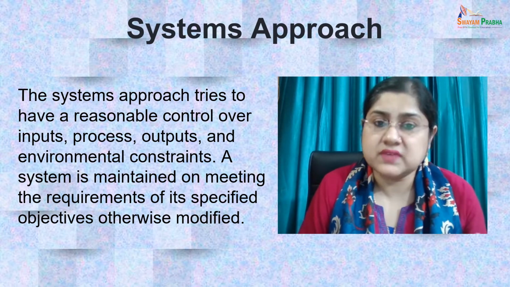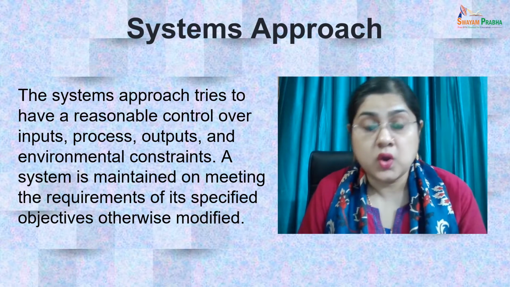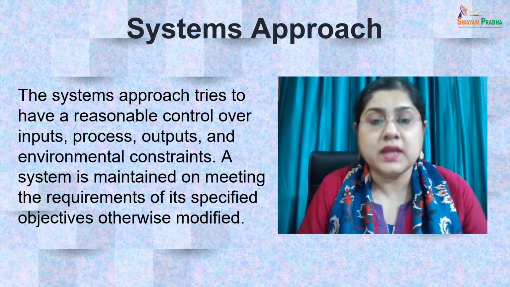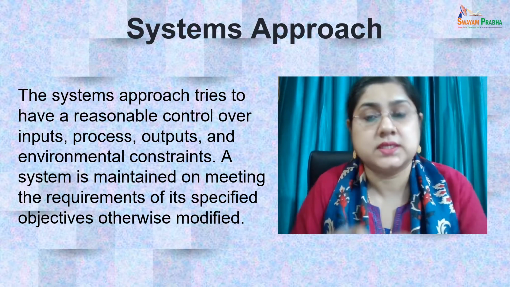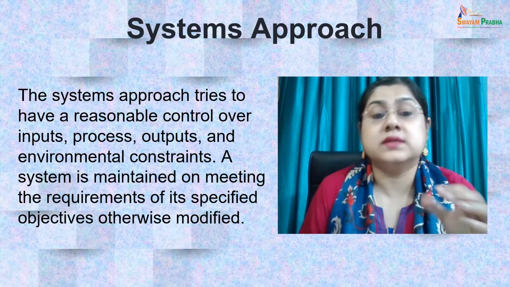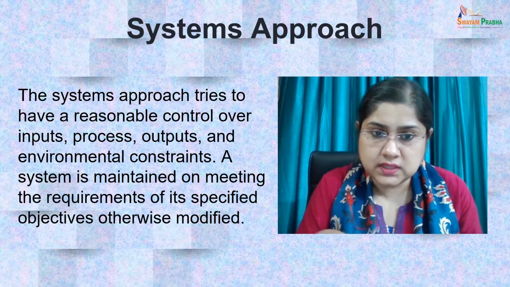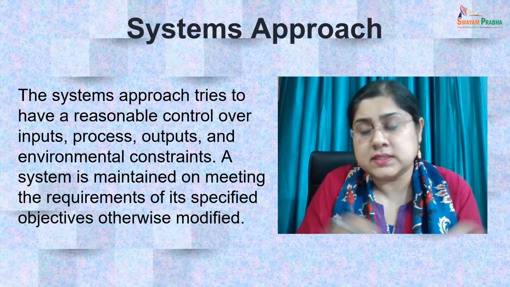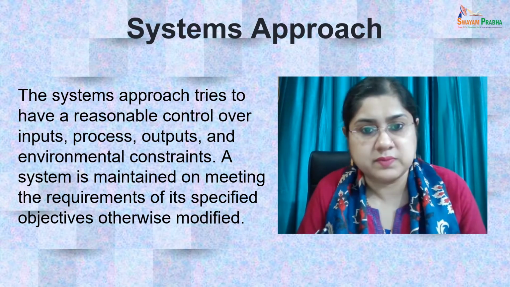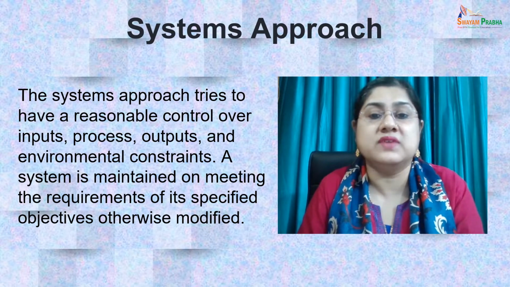So in its basic functioning, the systems approach tries to have a reasonable control over the inputs, the process, the outputs, and also the environmental constraints. A system is basically maintained if it meets the requirements of the objectives of the system, and if it does not actually meet the needs and the requirements of the system, then we need to modify the system.